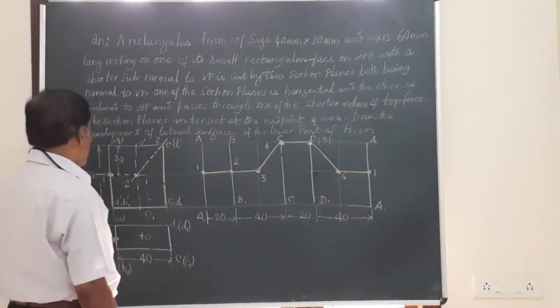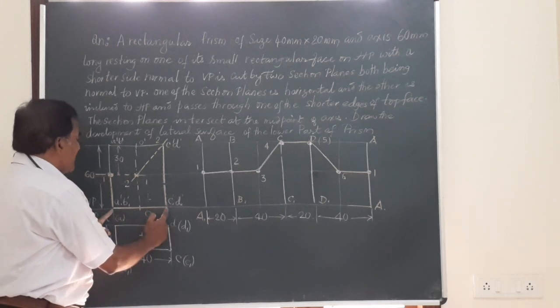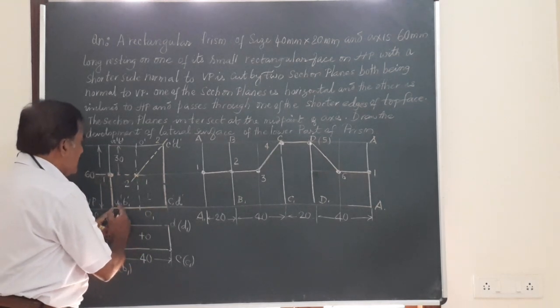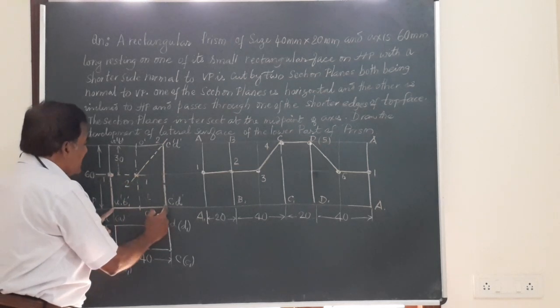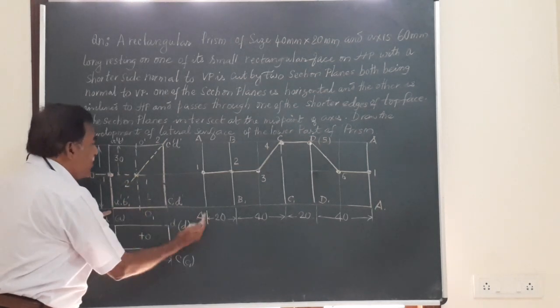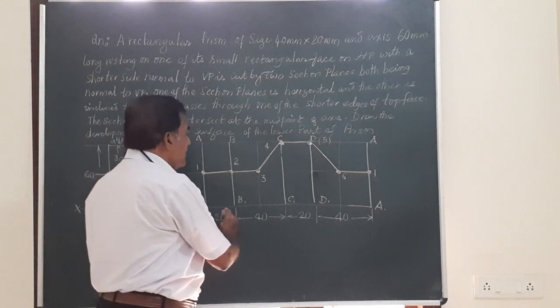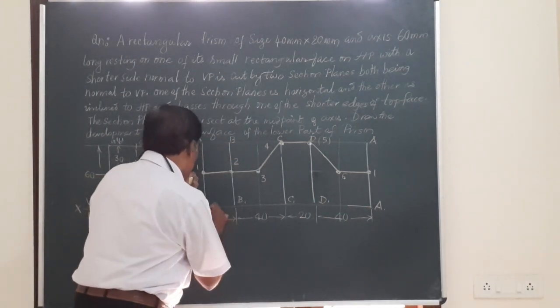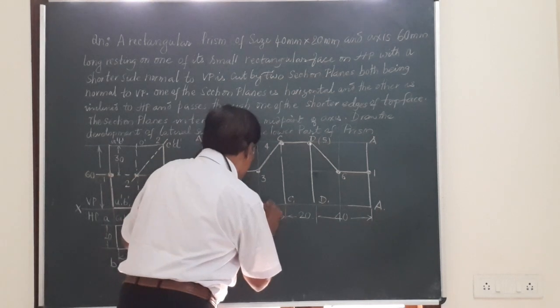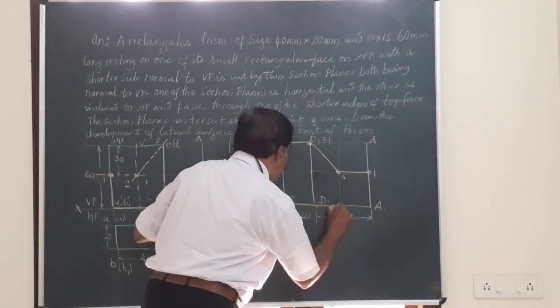Next, after that, you can observe here in the front view of the solid, the section planes either 1, 1 or 2, 2, they are not cutting. Hence, the whole bottom surface A1, B1, C1, D1 is intact, and hence I am going to darken this. This is the part that is completely retained.